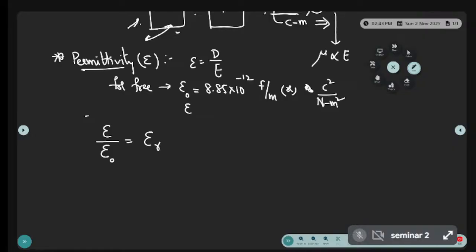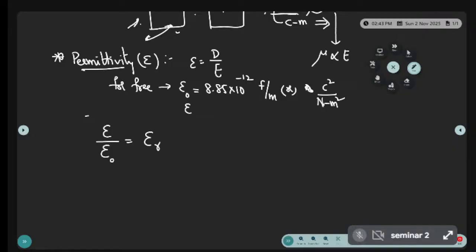It is also called dielectric constant. The unit of permittivity is farad per meter or coulomb square per Newton meter square.